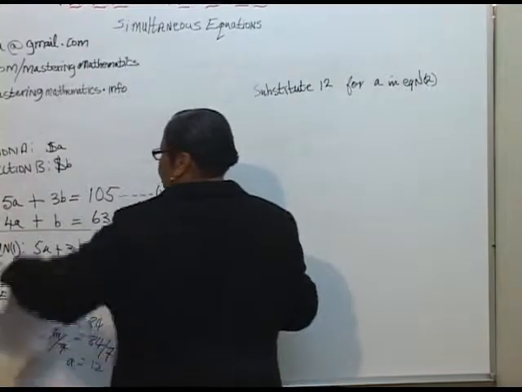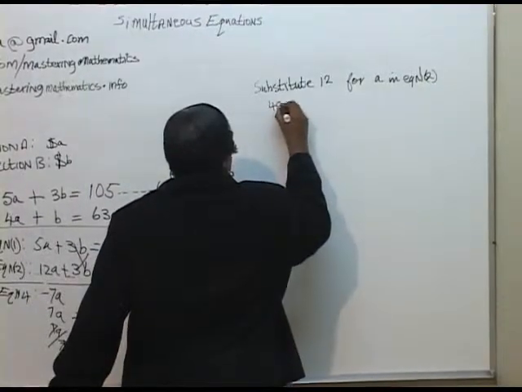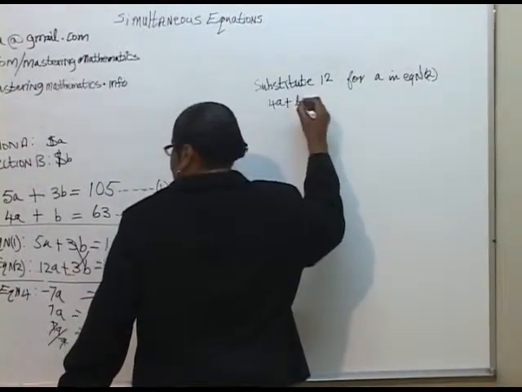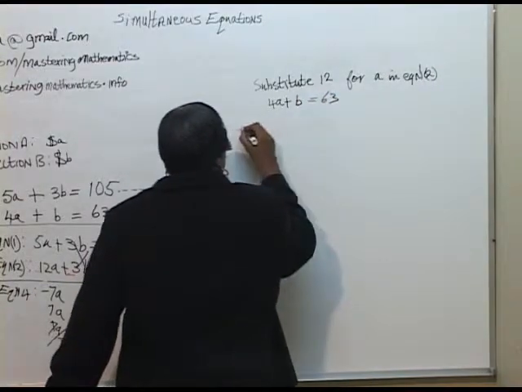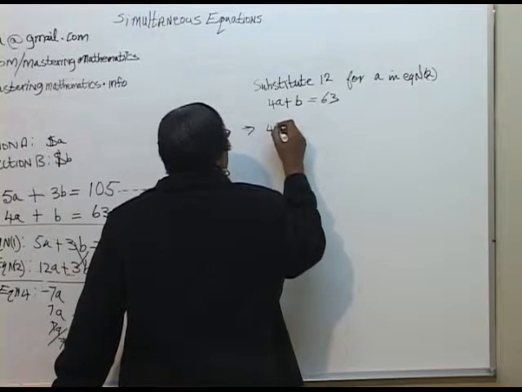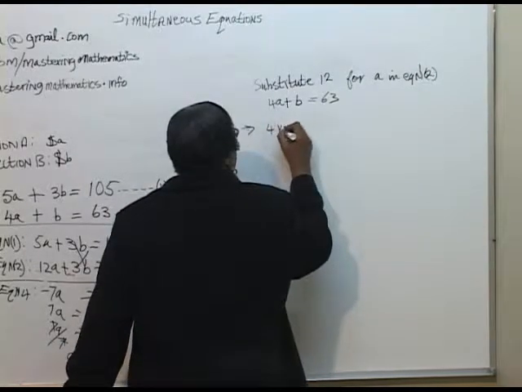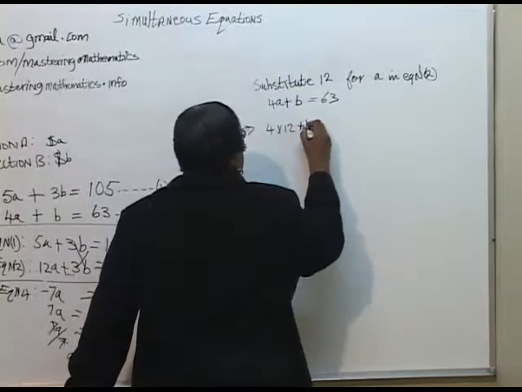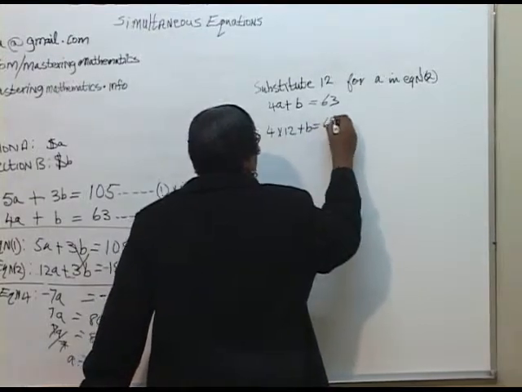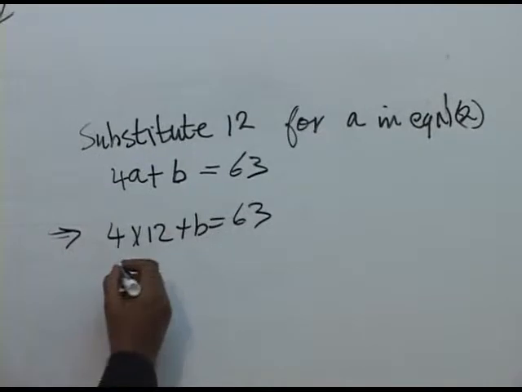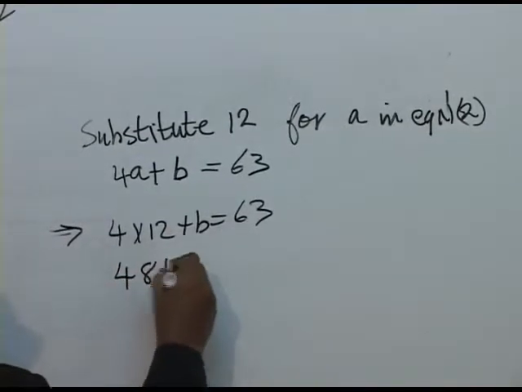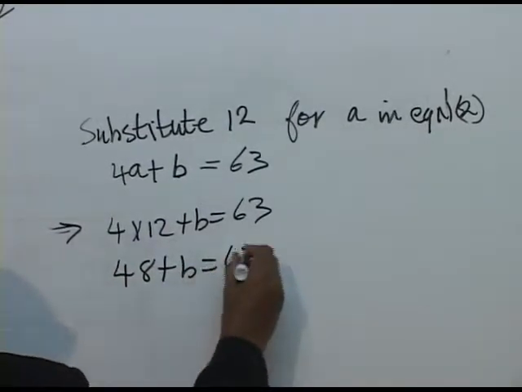Equation 2 says 4A plus B is equal to 63. And that would now imply that 4 times 12 plus B would be equal to 63. We know right away that 4 12s would be 48. So it's 48 plus B is equal to 63.